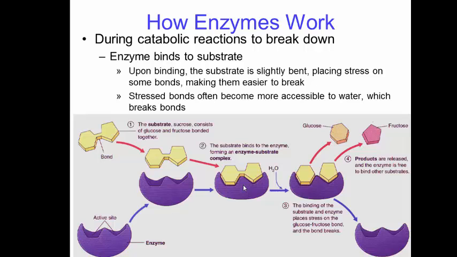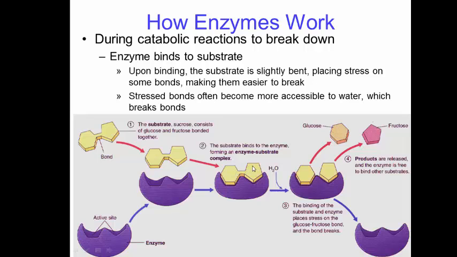And when this happens, sometimes the enzyme will just pull a little bit on the substrate, adding stress to some bonds within the substrate. So basically what's happening here is once the substrate comes and binds, the enzyme's going to just change shape a little bit, just like the floorboards creaking, and we're going to put some stress on this bond when that happens.